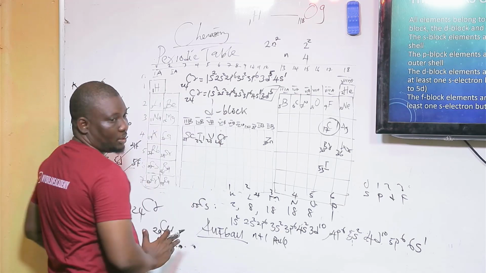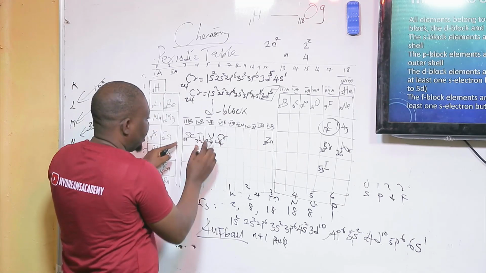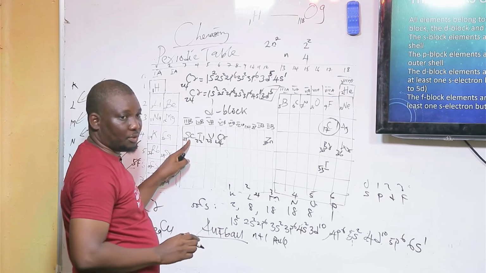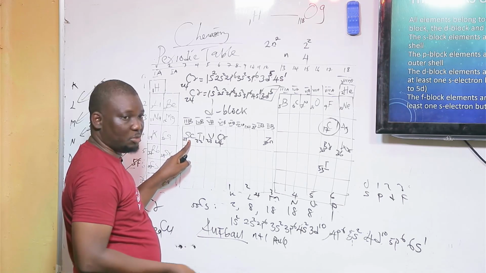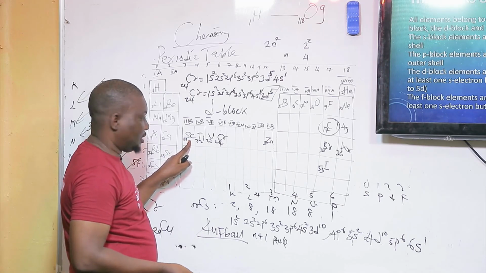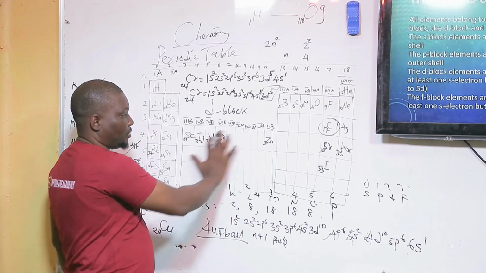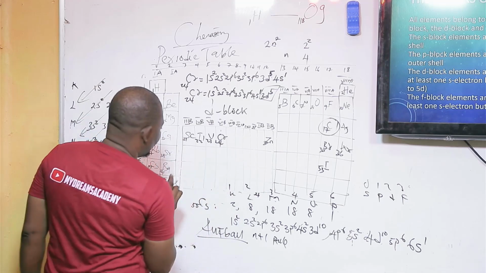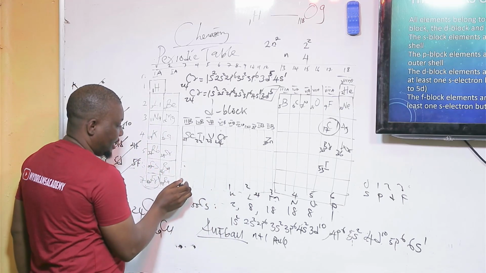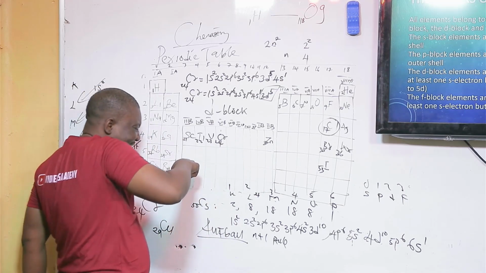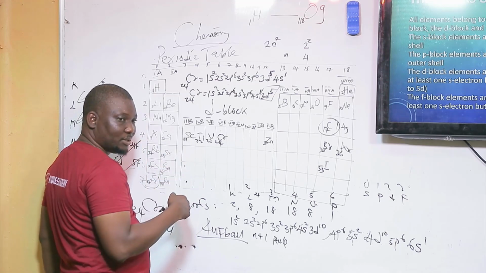These ones are f block. So any of these, even if you try writing the configuration of scandium 21, it's going to enter d. It's d block. All the elements down every element in this particular column, apart from the elements here and here.